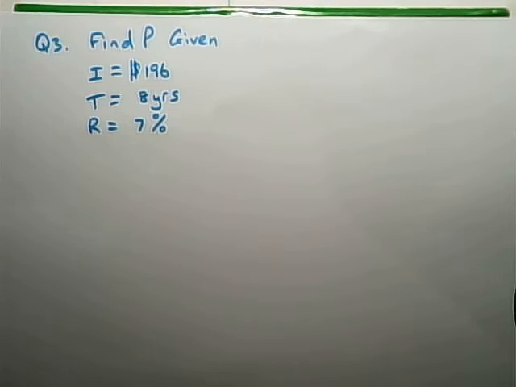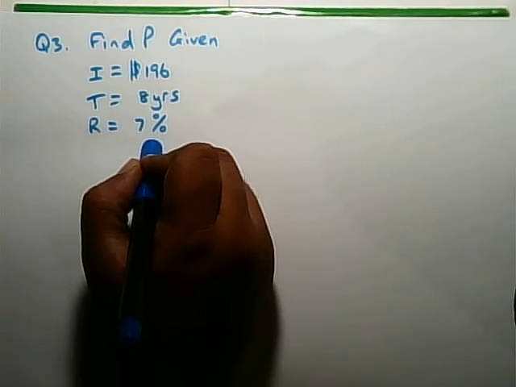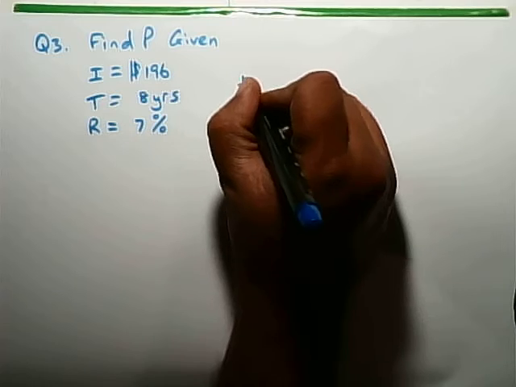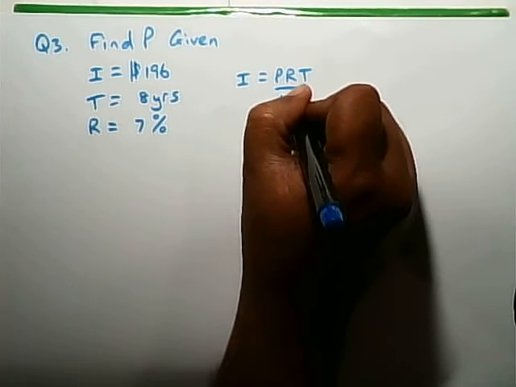So I read the question just like you have the question, and this is how I'm writing down the information one time as I read it. You could do that. Then you write your formula: I is equal to PRT over 100.